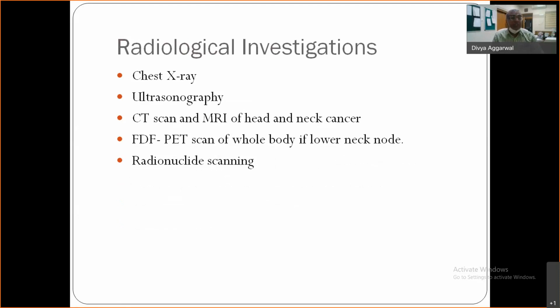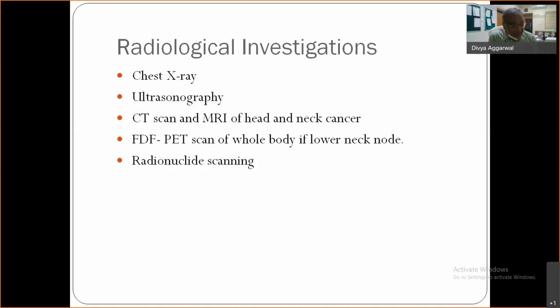Now, how do you start investigating a case of an unknown primary? As I said, history taking. After that, you would first do all the endoscopies: the nasal endoscopy, the direct laryngoscopy; you can go in for a pan endoscopy.